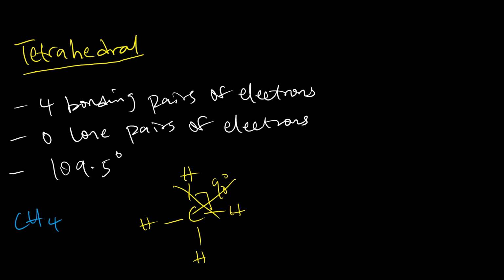The center atom is carbon, and the carbon is bonded with hydrogen, then hydrogen, hydrogen, and then hydrogen. So this is the actual shape of methane, and that gives the bond angle of 109.5 degrees.